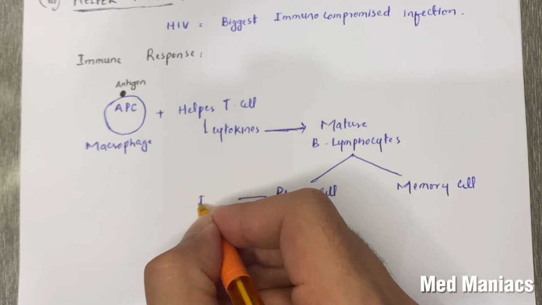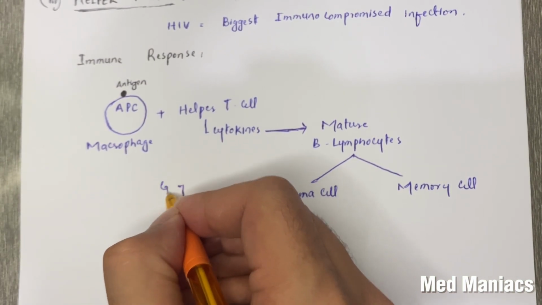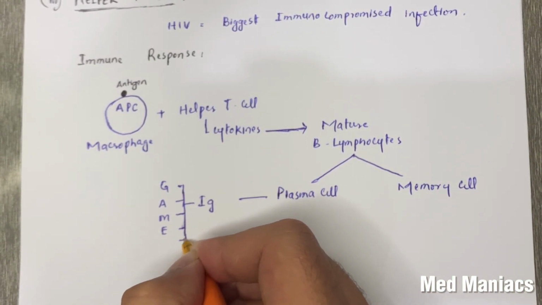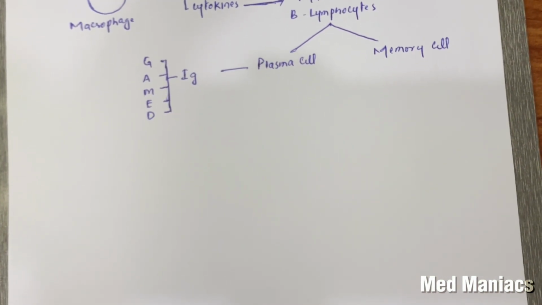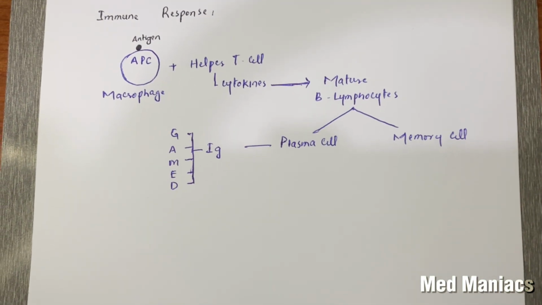Namely, there are 5 antibodies in our body: IgG, IgA, IgM, IgE, and IgD. The mnemonic for this is GAMED, by which you can remember it. The type of antibodies formed depends on the type of antigen.